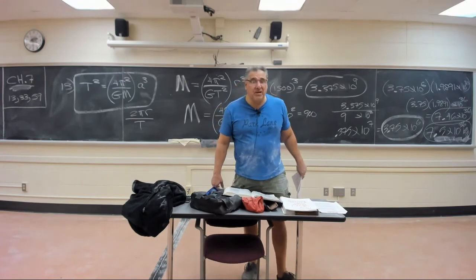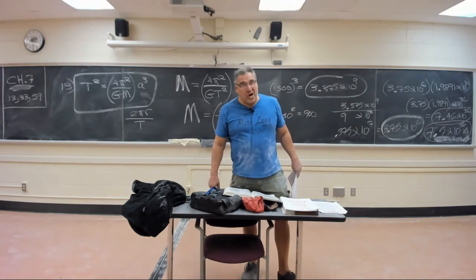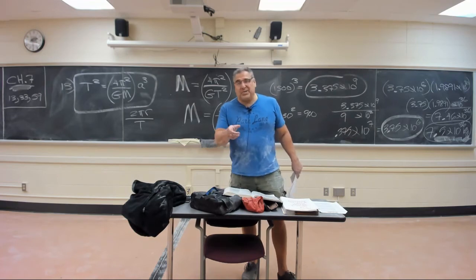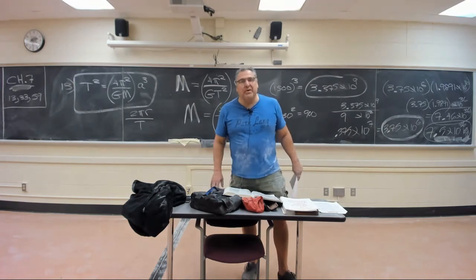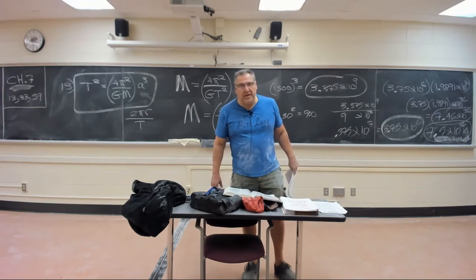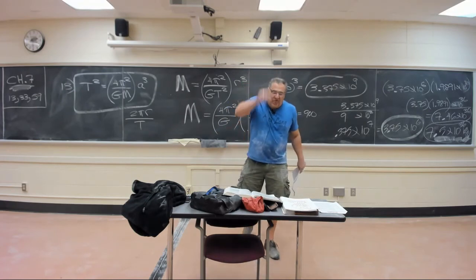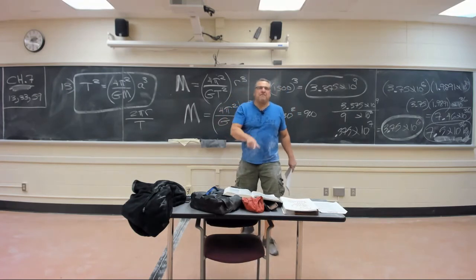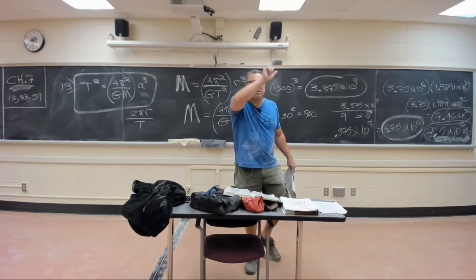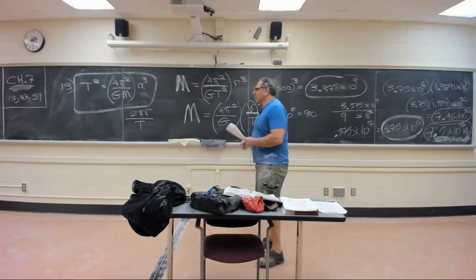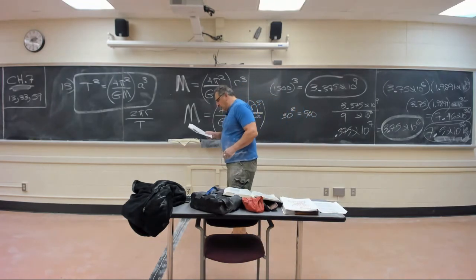That means the circumference is 1,500 times bigger. Yeah, but hey, they gave him 30 years. So what? 1,500 divided by 30 is 50. That star is moving 50 times faster than the Earth. Let's find out.